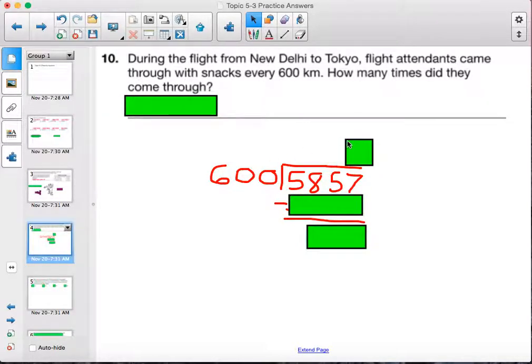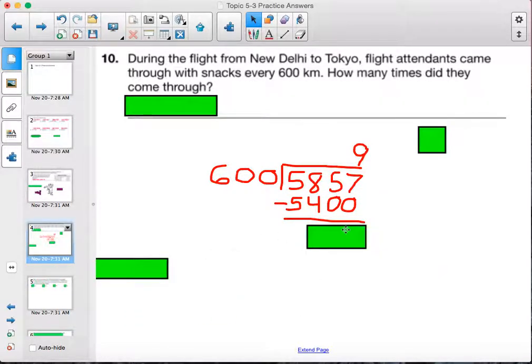Well, you can estimate how many times it will do it by asking yourself, how many times does 6 go into 58? Well, 6 goes into 58 about 9 times. So now we have 9 times 600, or 9 times 6 is 54. But it's actually 9 times 600, so we add the 2 zeros, and we end up with 5,400.